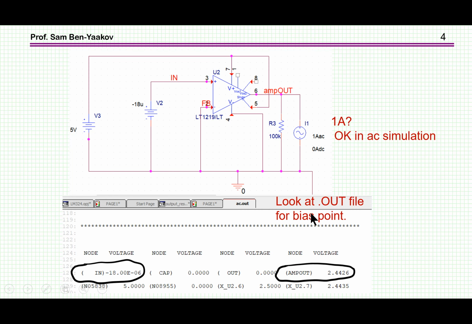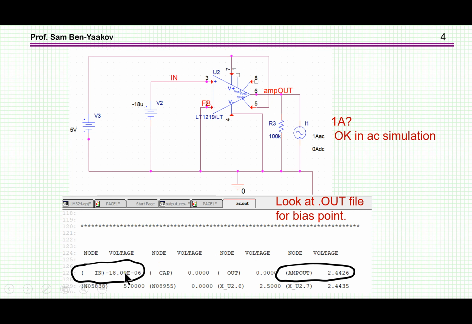And here I'm doing it by simulation. This is a PSpice simulation. Here is an amplifier, LT1219. I found that minus 18 microvolt will bring this operational amplifier into a proper operating point. Very important to look at the .out file and see that you are at the operating point.